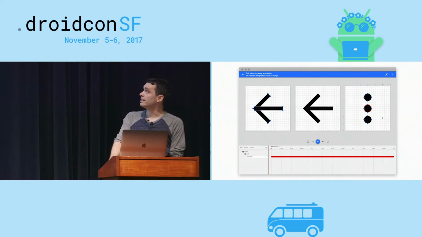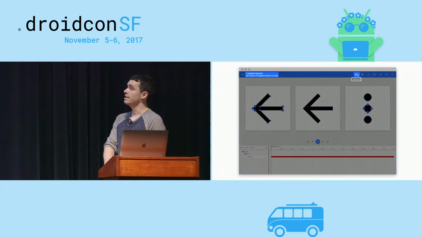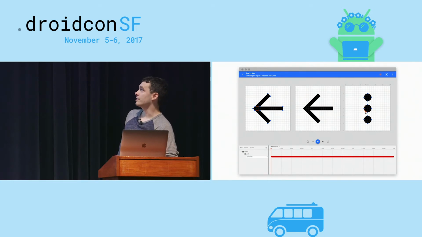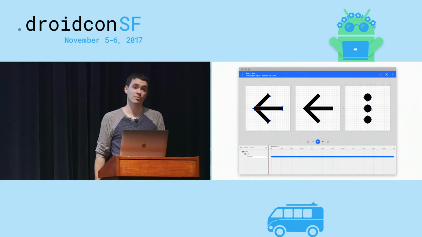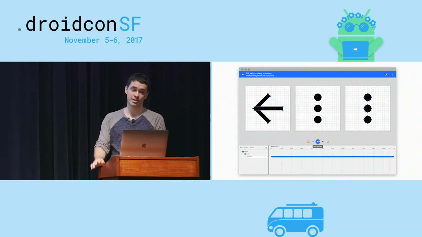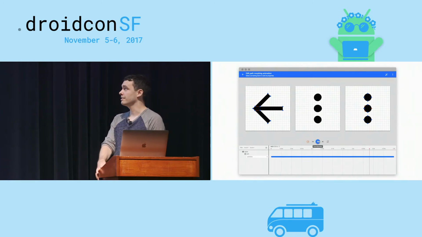Once I do that, it's going to tell me that the paths aren't compatible because the arrow subpath, the middle one, has 7 points, and the overflow has 4. So I need to add 3 dummy points. And once I do that, I get something that looks like this, which is along the lines of what I wanted.